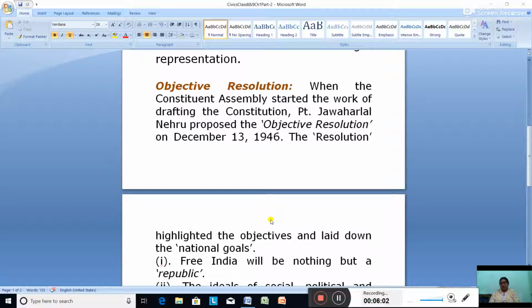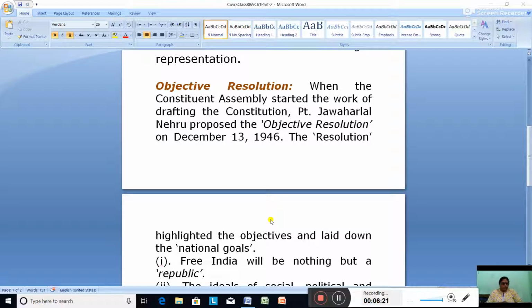What was the work of the drafting committee? The task of the drafting committee was to draft the constitution.